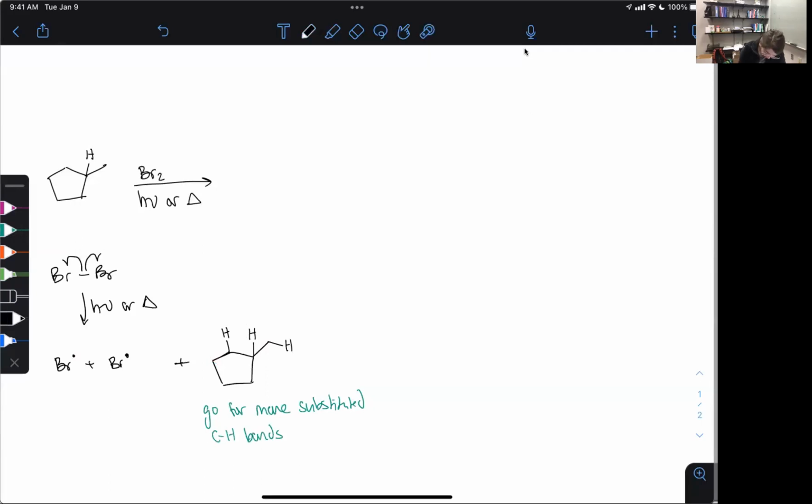Because once we do this, if we target that CH bond that's the tertiary one, that's going to give us a tertiary radical.